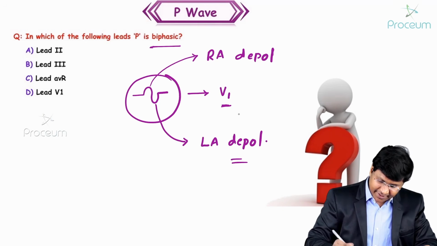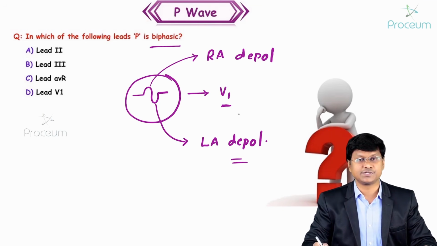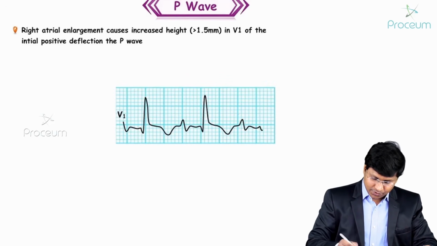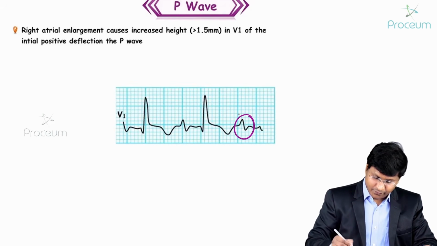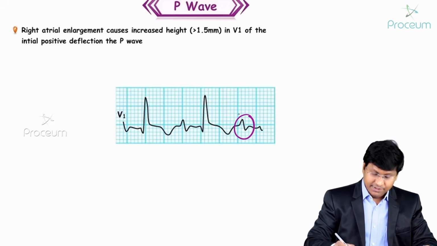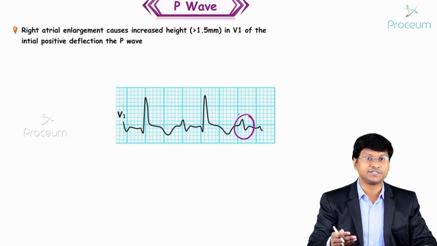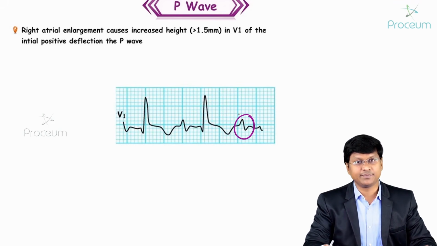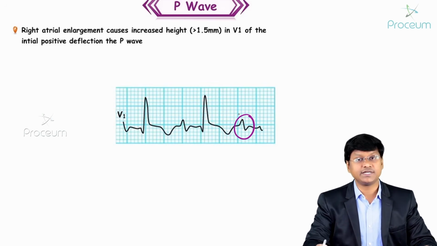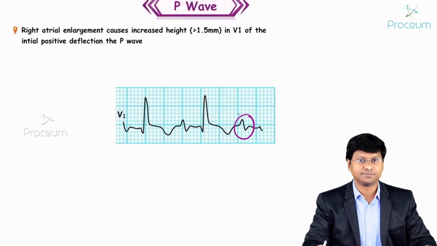Let me show you the ECG strip. This is the ECG strip with a biphasic P wave. The first half with positive deflection is your right atrial depolarization. The second half with negative deflection is your left atrial depolarization.